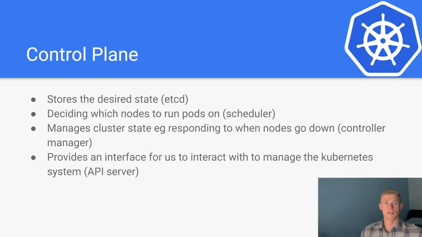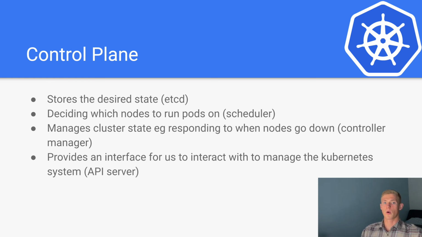So the control plane also gives us an interface to interact with the Kubernetes system, and this is called the API server. So what the API server does is it exposes an API. Quite simple. So if you want to deploy a new workload, you will specify that using a YAML file and send it to the API server. The API server will then store that in etcd, and then the scheduler will say, okay, what resources do we have in this cluster?